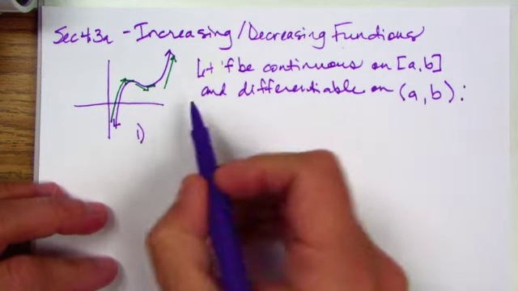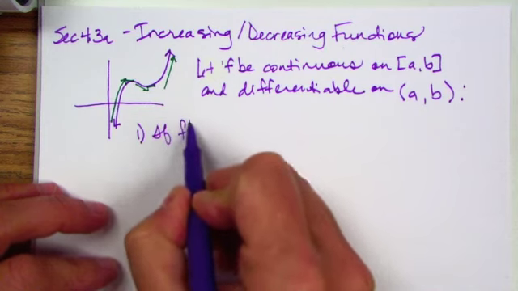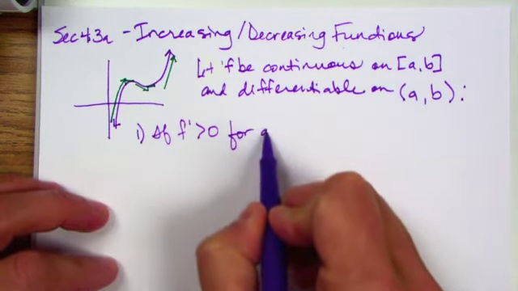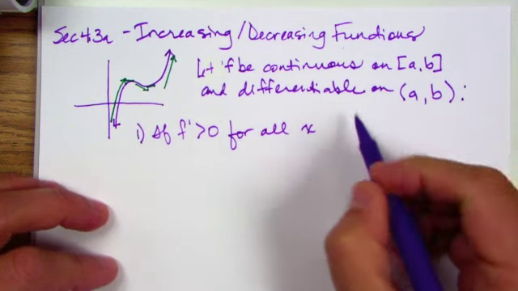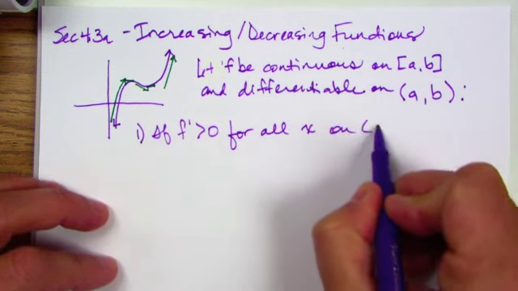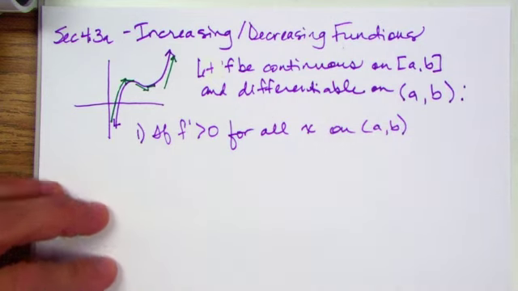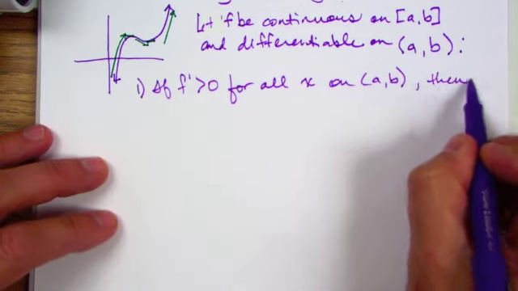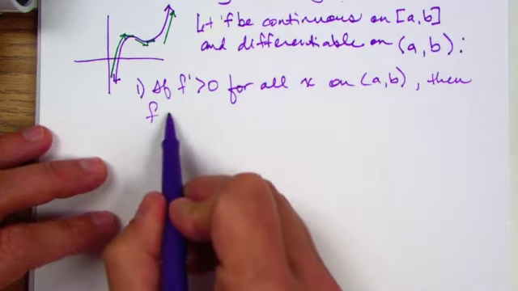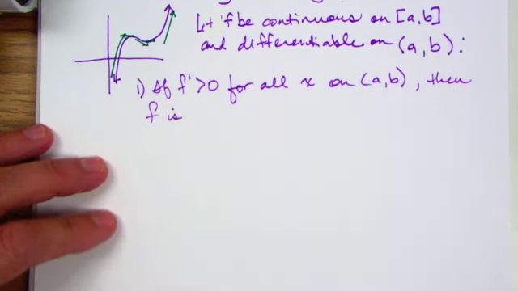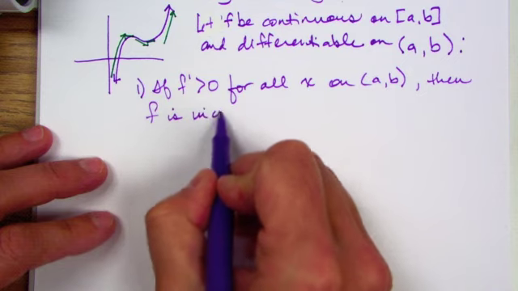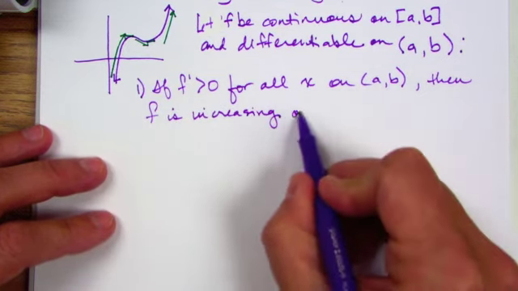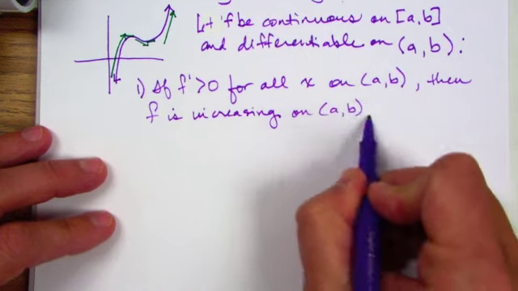Okay, so here's what we can say. If F prime is greater than 0 for all x on the open interval AB, then F is what? Increasing on AB.